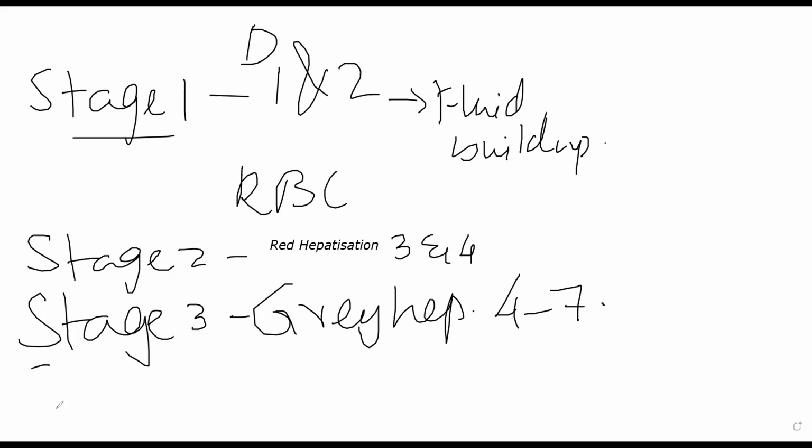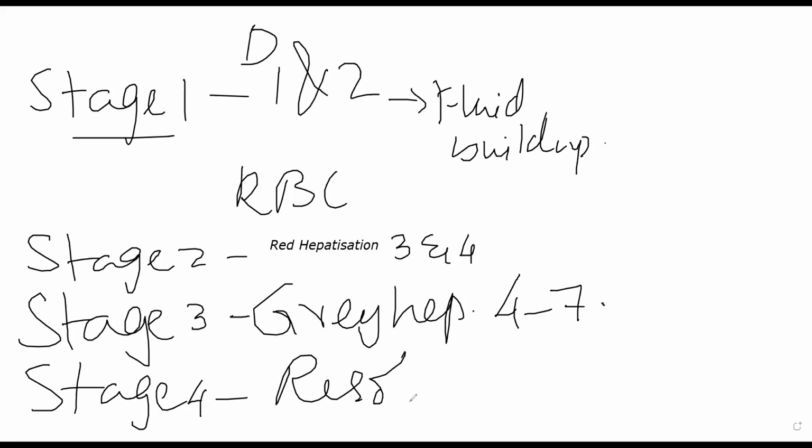Eventually comes stage 4. Stage 4 is called resolution. This is occurring in between day 8 plus. Okay, over day 8. In this, what will happen is the breakdown of gray hepatization occurs, or whatever wasteful RBCs, WBCs, fibrin, all of them are broken down.